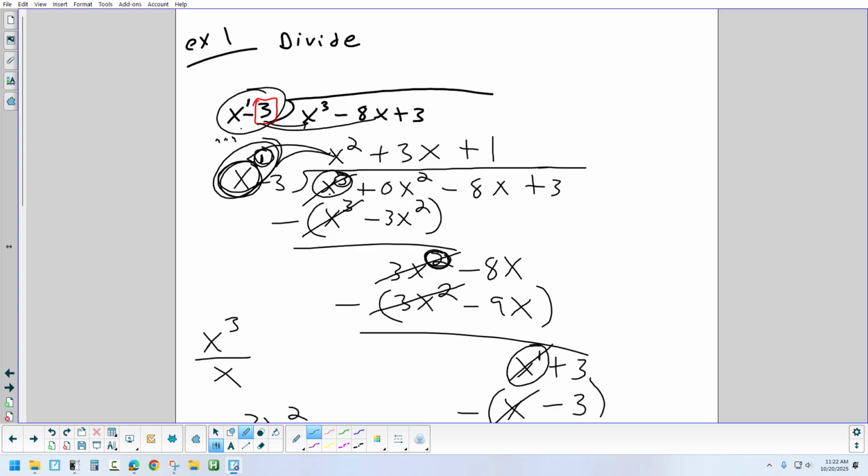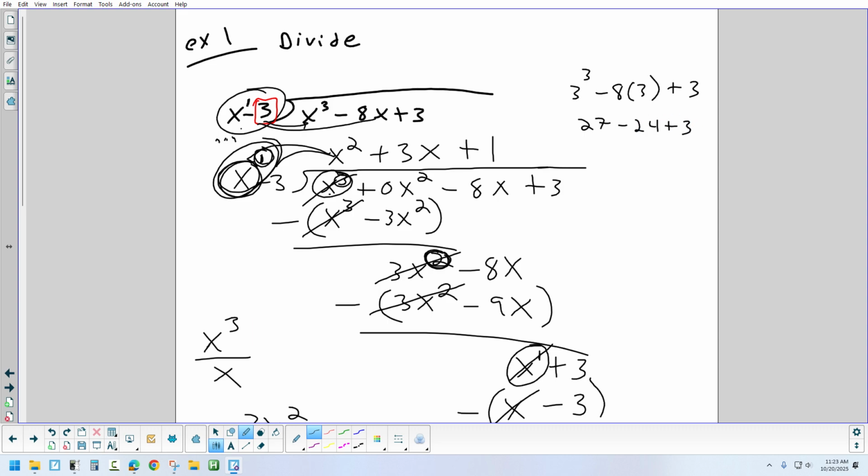If we plug in 3, we're going to get 3 cubed minus 8 times 3 plus 3. What's 3 cubed? 9. 3 times 3 times 3? 27. And 8 times 3? 24.